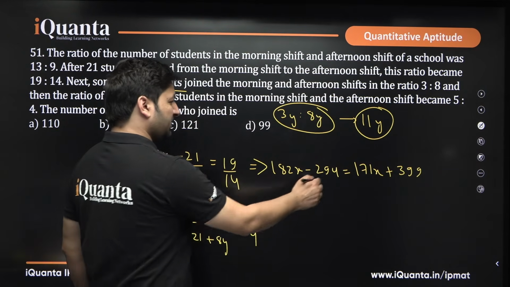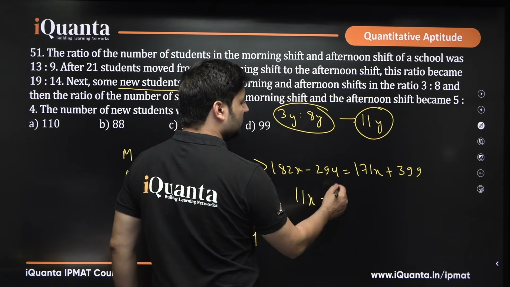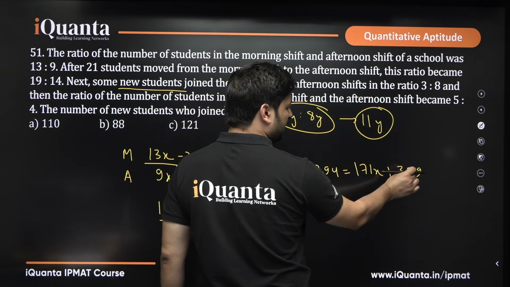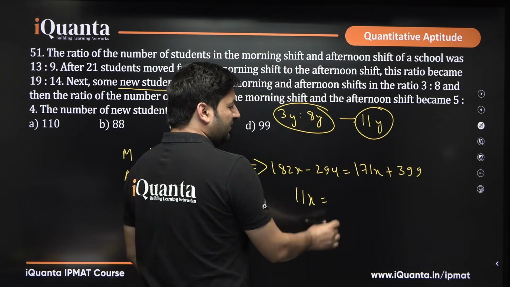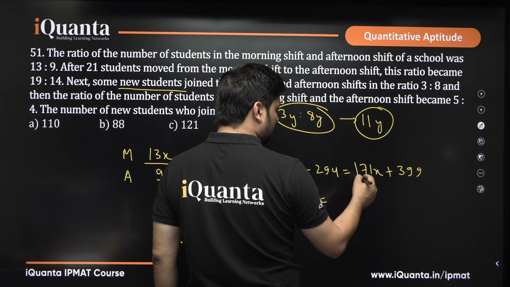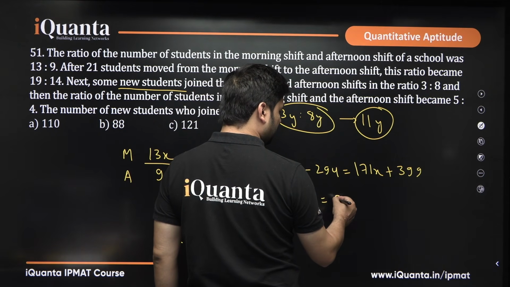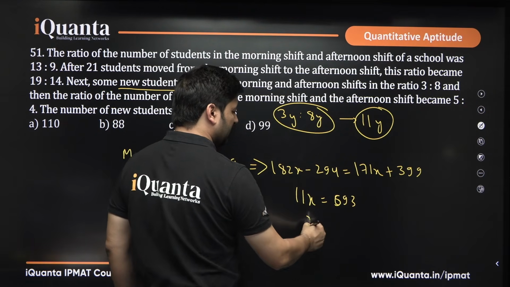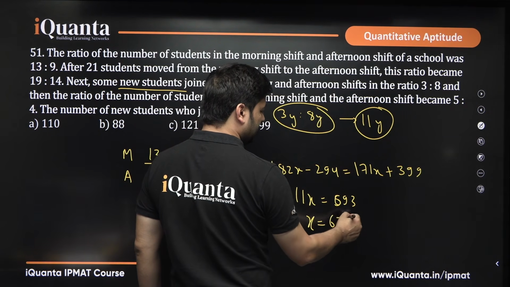What do you get from here? You get 11x is equal to 294 plus 399 is 693, yes or no? 693 is the sum of these. x will be 63, right?